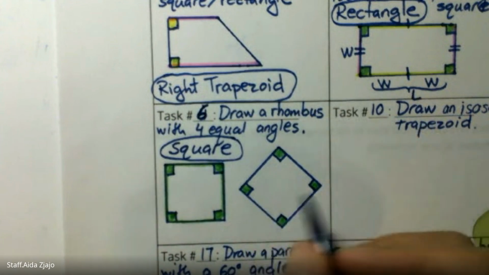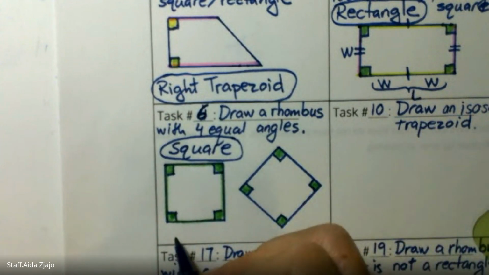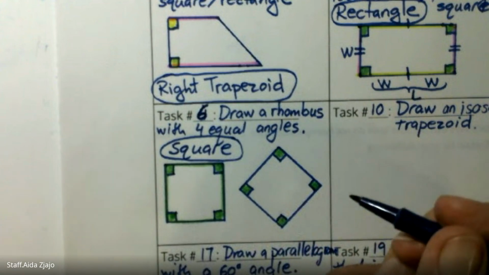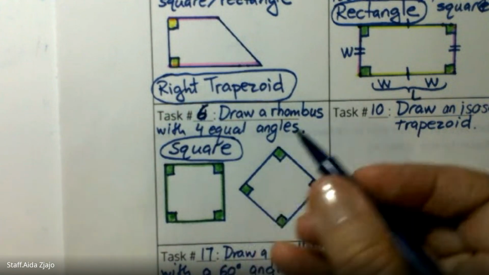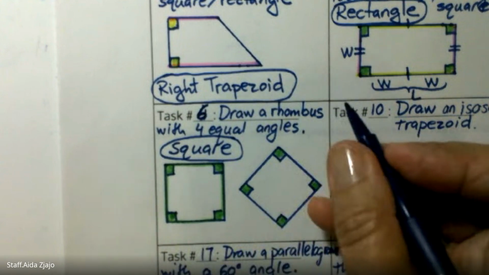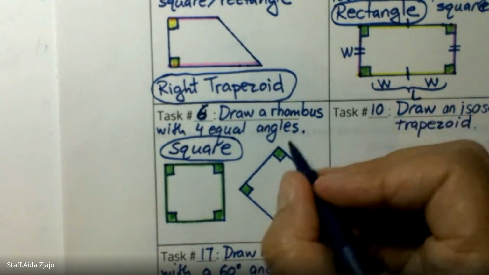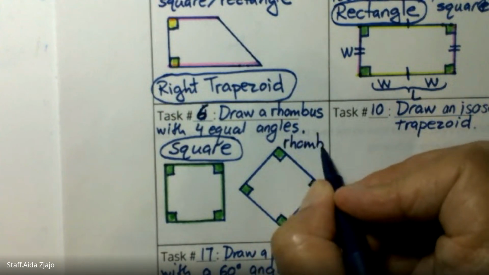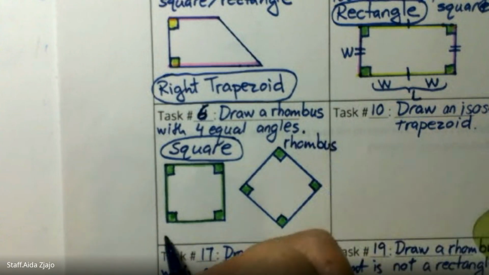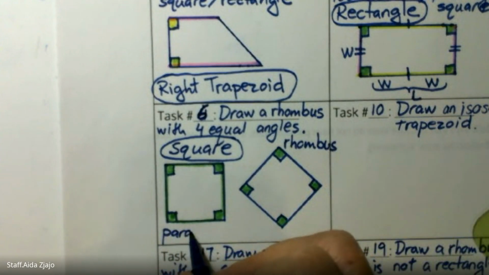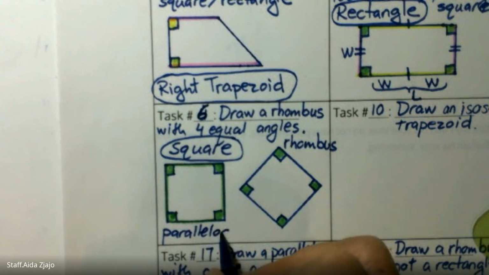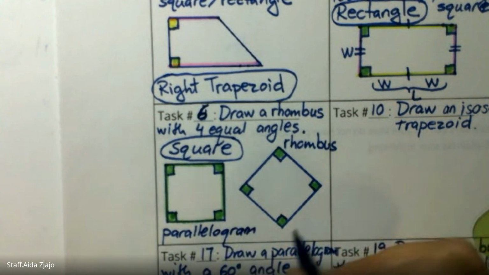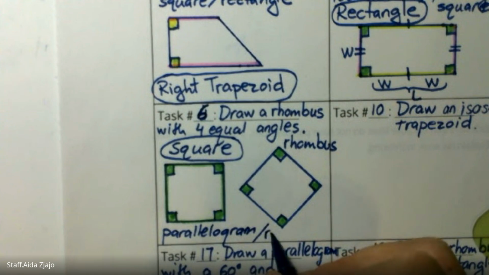The nicknames are rhombus, parallelogram, or rectangle. So: square, rhombus, parallelogram, rectangle.